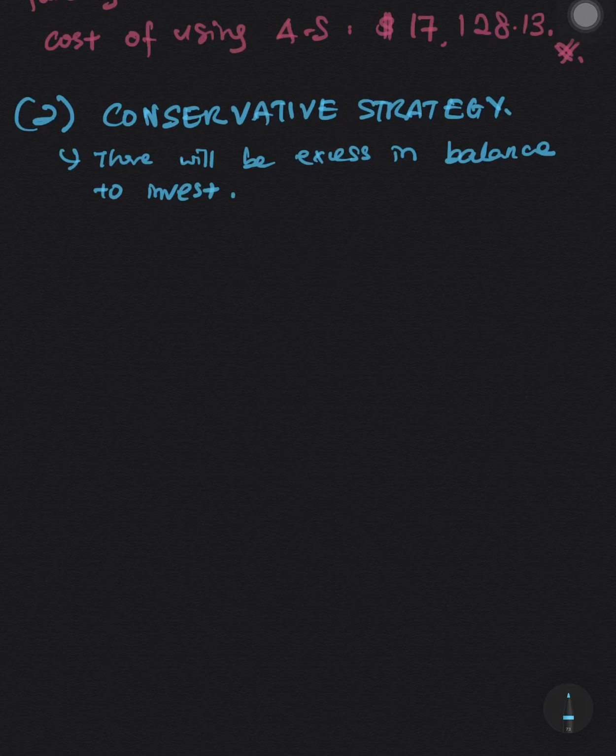Remember, in the conservative strategy, the financing requirement uses long term financing for both permanent and seasonal.